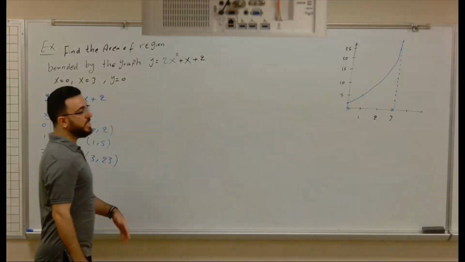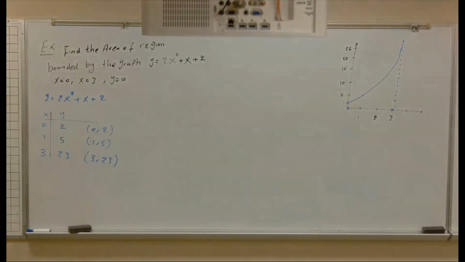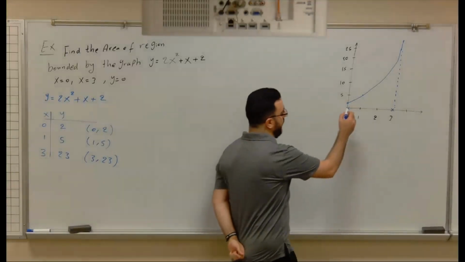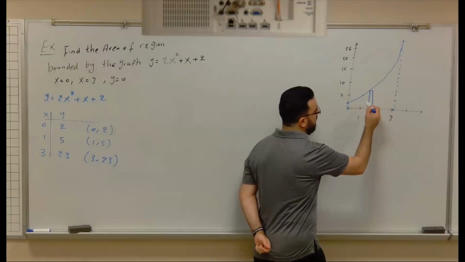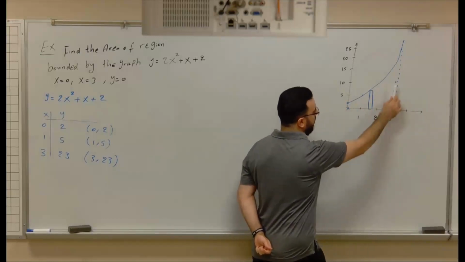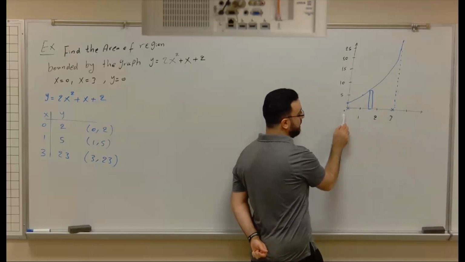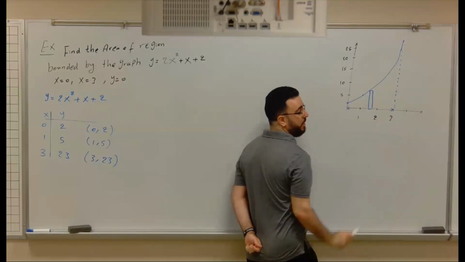Okay, so next step, you're going to say, we're always going to find the area between the x or the y with the curve. In this case, we're going to do what? Remember? The rectangles here, bounded, go from x equals 0 to x equals 3.